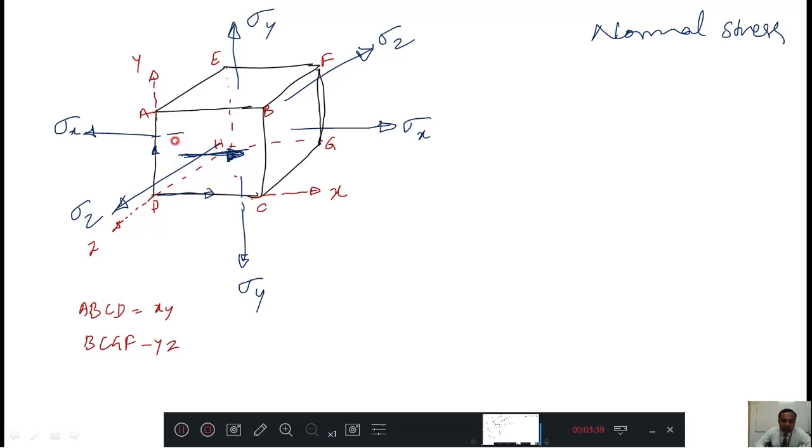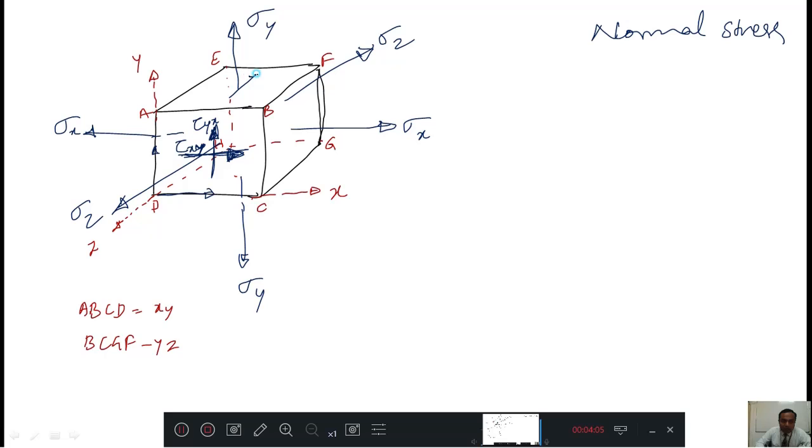This shear stress I can mark as tau xy. Tau xy, why? Because it is in the x direction, in the xy plane. And I can act another shear stress on this one, that is tau yx or xy. Okay, these two shear stresses I can mark here.